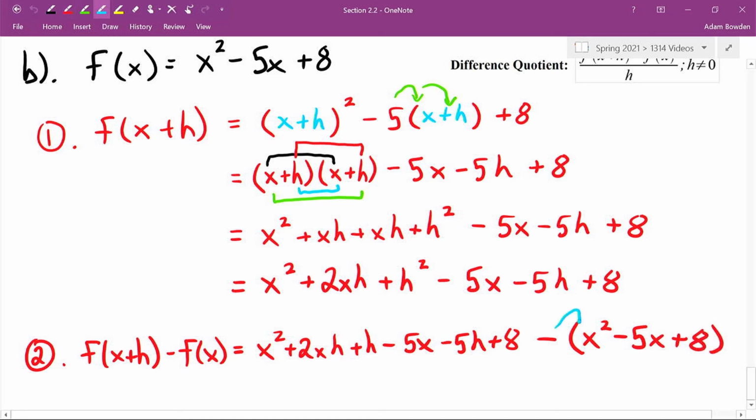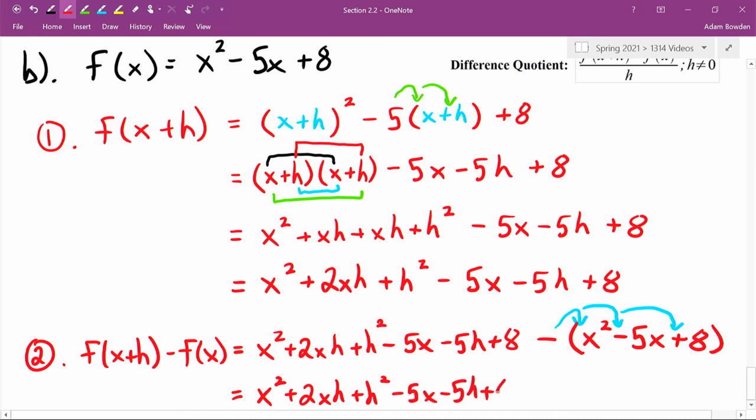That's on purpose because I'm subtracting each and every term. I have to make sure to keep that negative and distribute it to everything. So I'm going to write this down one more time. So it'll be minus x squared plus 5x minus 8.